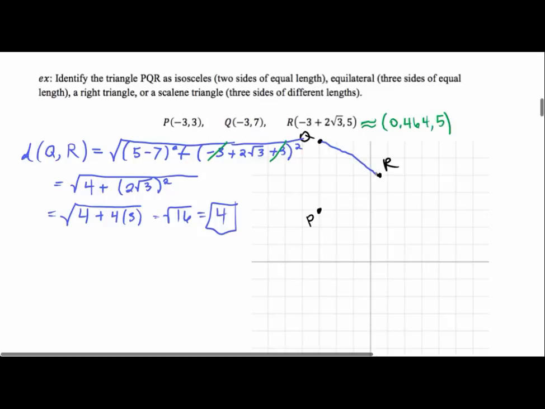Middle group? Okay, now PQ, that one's easy because you can actually just count the boxes there, right? But if you write it all out, what do you get? You should still get 4. And what did y'all get for PR? Anybody?